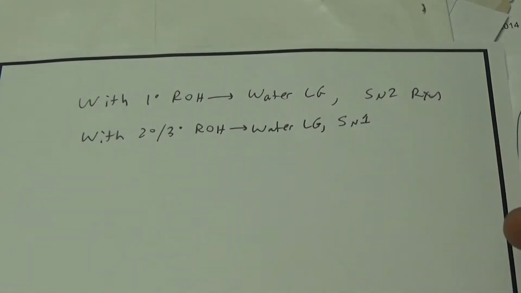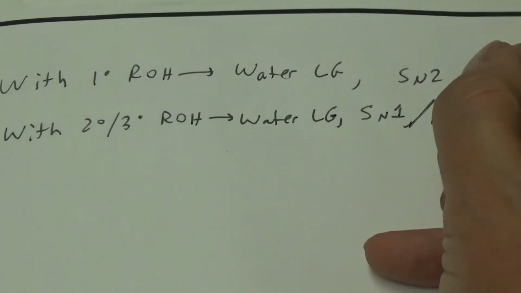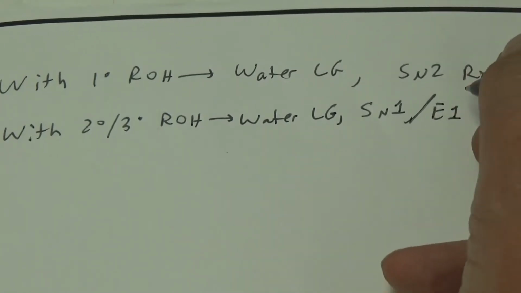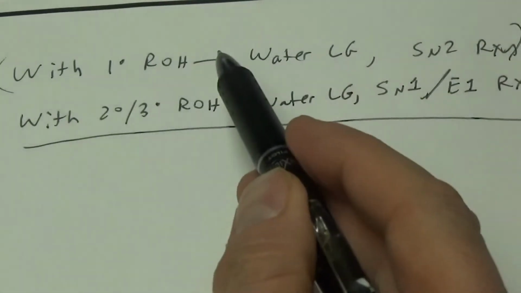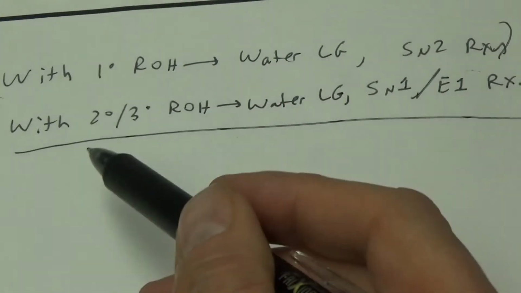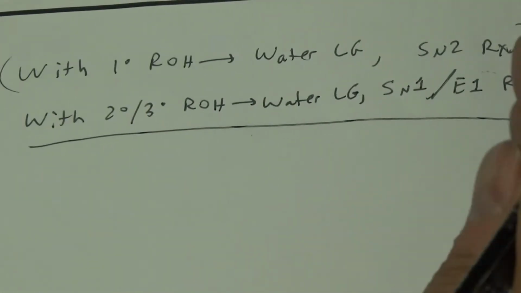And what always accompanies an SN1 reaction? E1, as a minor reaction. Okay, so that was the last page. Primary is SN2, secondary and tertiary is going to be more of an SN1 E1 style reaction.